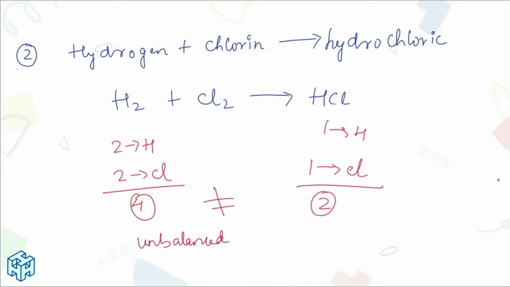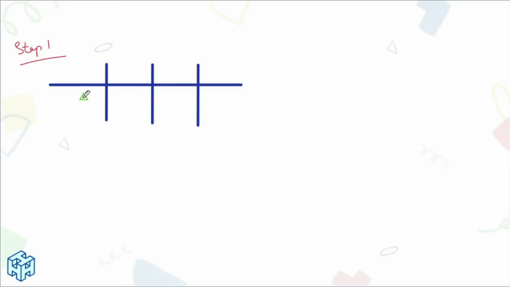Okay, now let's balance this. What is the step 1 we do? First, we draw a table saying what are the elements we have.